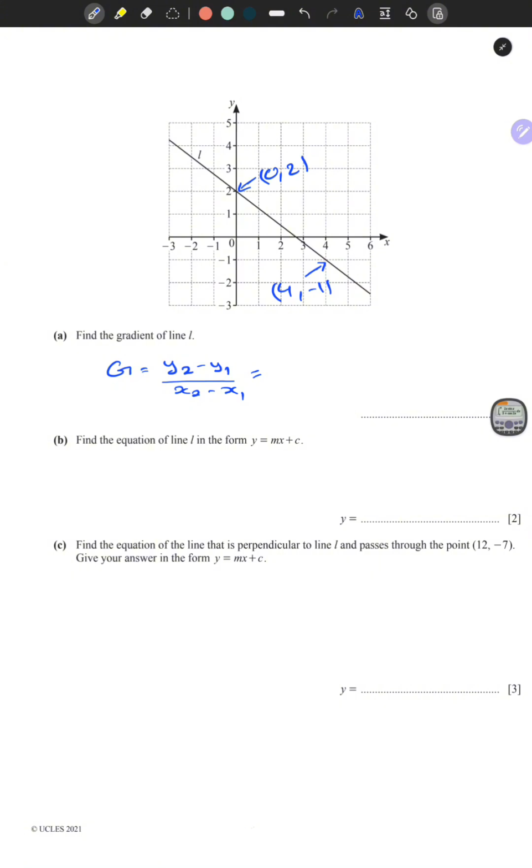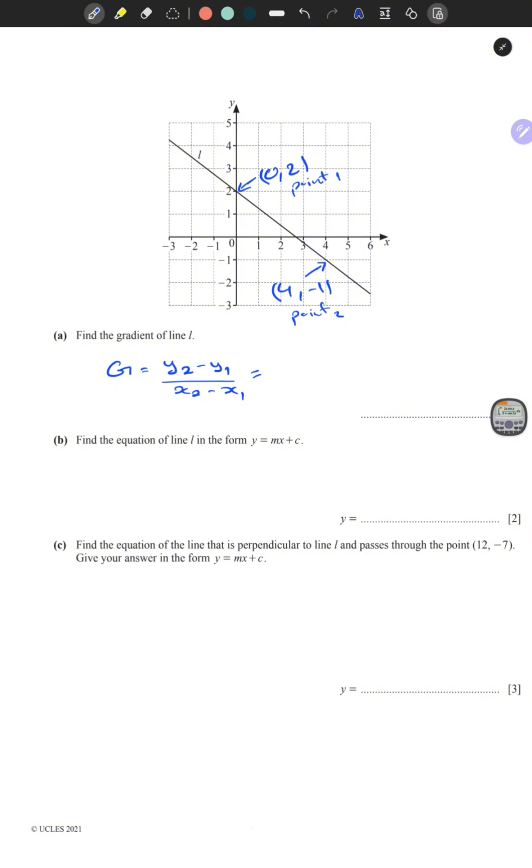So let's put the numbers in their places. x1, and then x2, y1. Let's assume this point is point 2 and this is point 1 to make things clear.